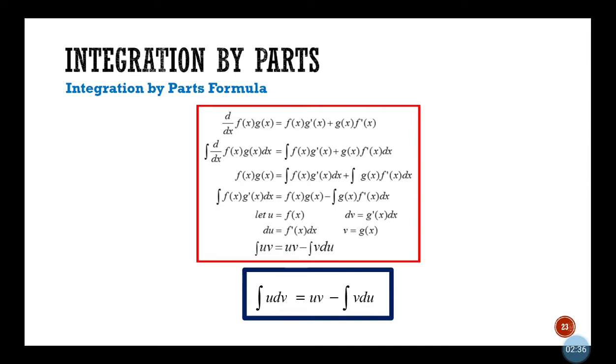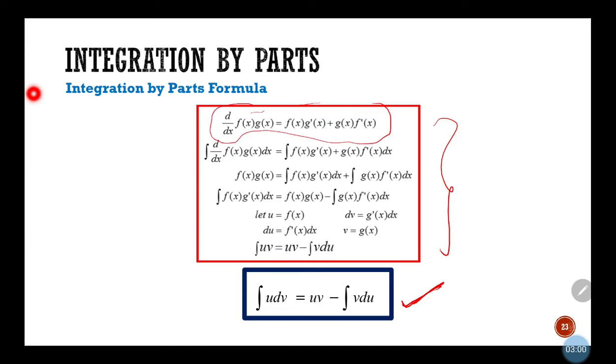Actually, to make the story short, ni formula dia. Integration of u dv equals uv minus integration of v du. Dia bermula daripada product rule sebenarnya. Product rule of differentiation.